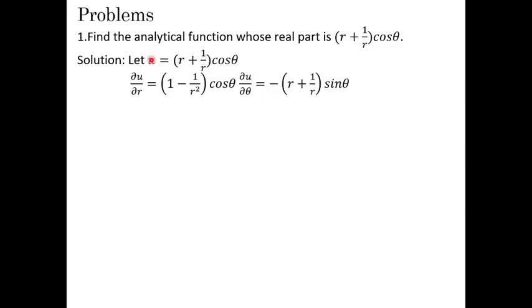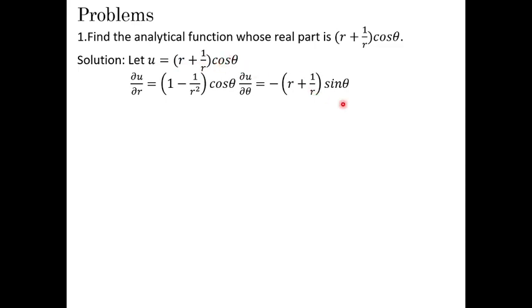We get dou u by dou r is equal to cos theta, a constant, as it is. Differentiation of r is 1 plus differentiation of 1 by r is minus 1 by r square. And dou u by dou theta: here r plus 1 by r is a constant, as it is.